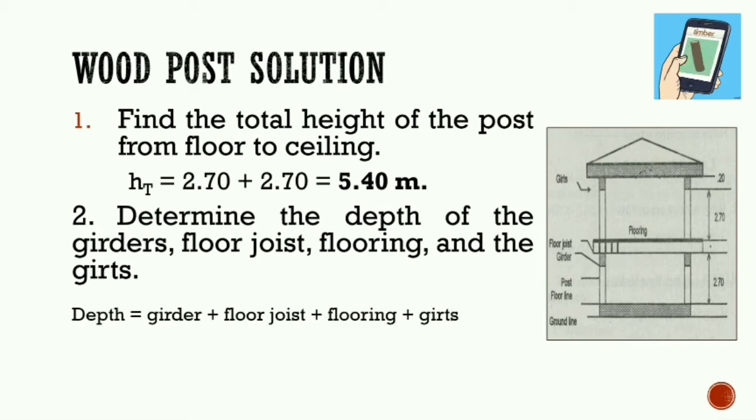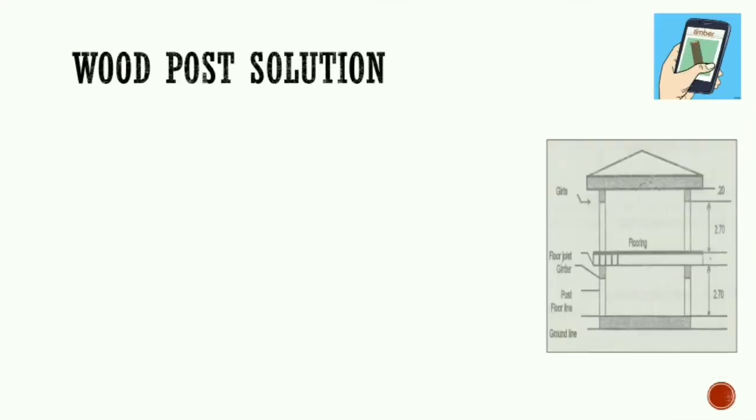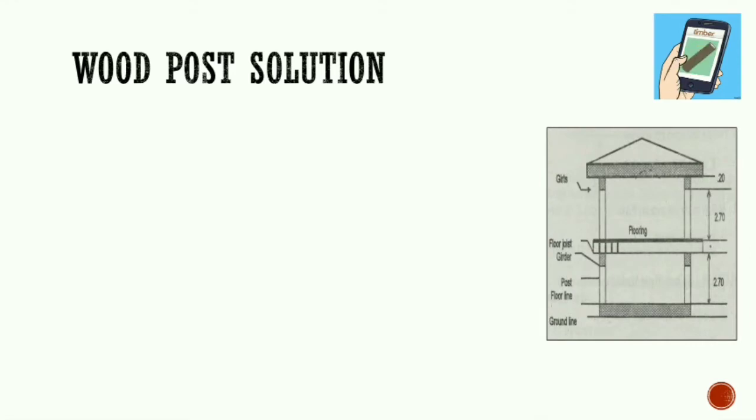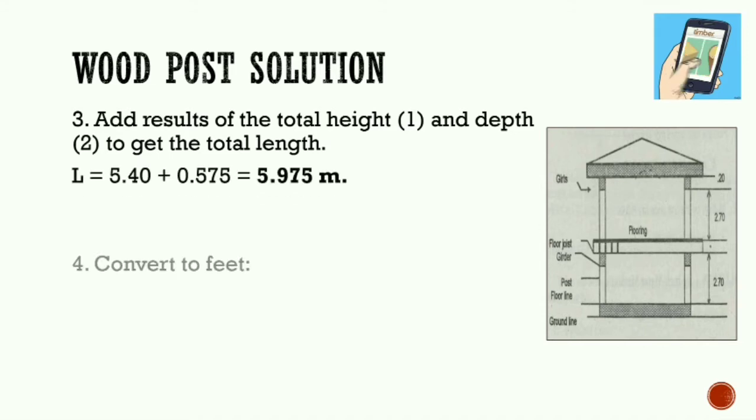The total depth of the following is 0.575 meters. Next, add the results of the total height and depth to get the total length. The total length would then be 5.975 meters.